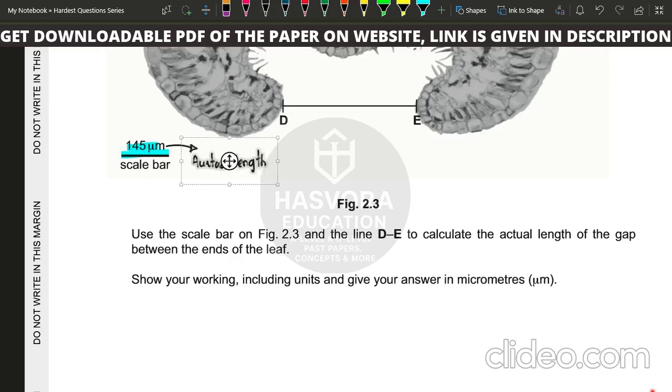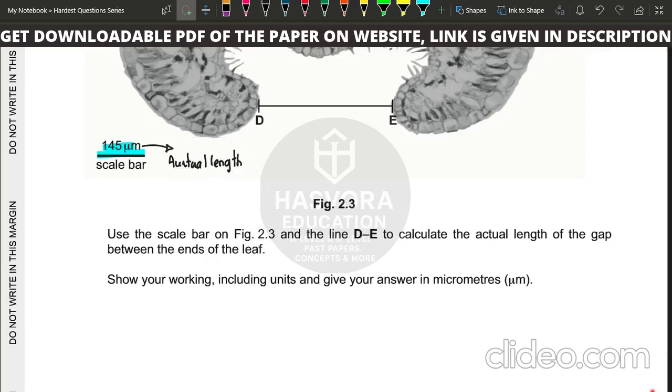Now you just have to measure this. The length of this is 2.9 centimeter according to me, and you convert it to micrometer, so it will be 29,000 micrometer.